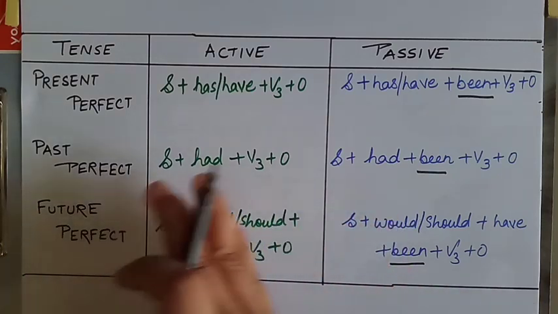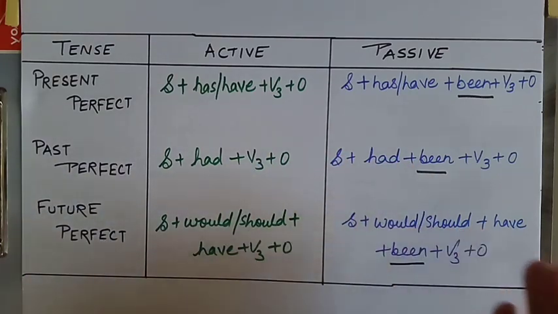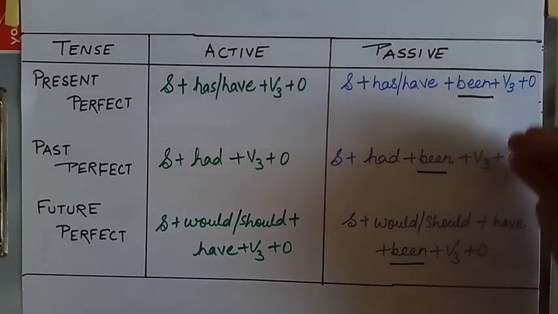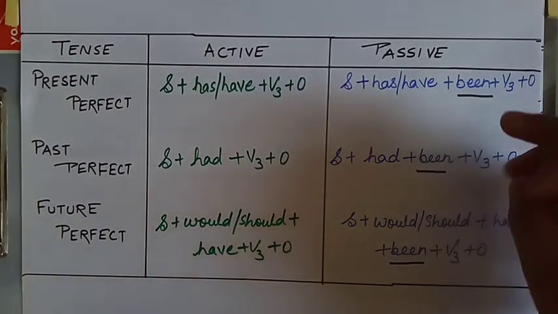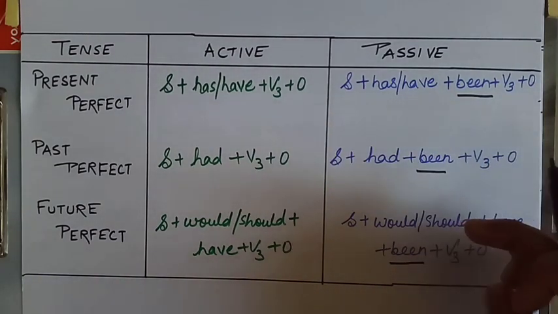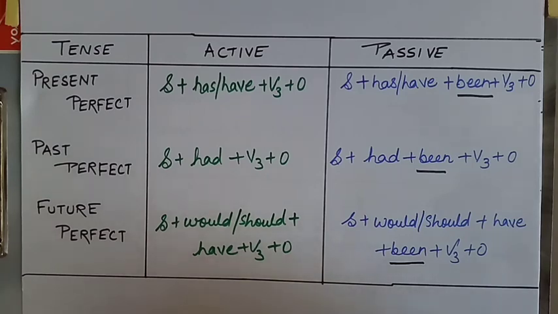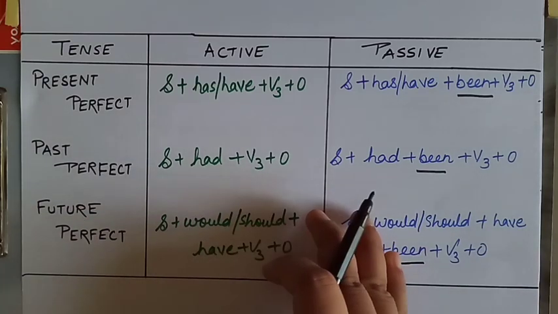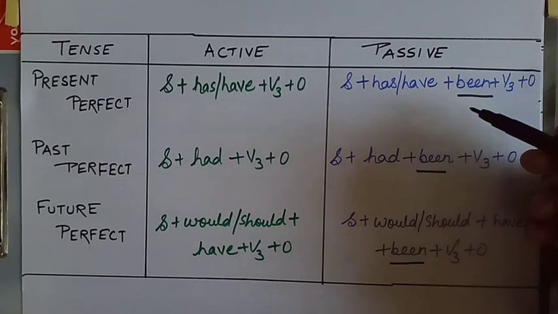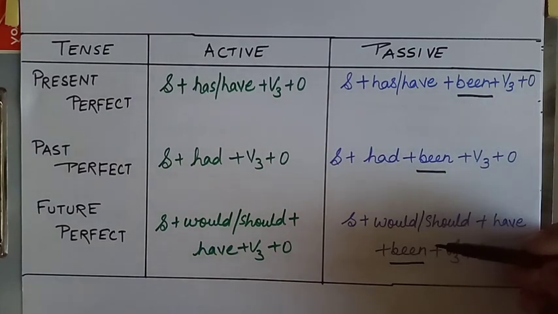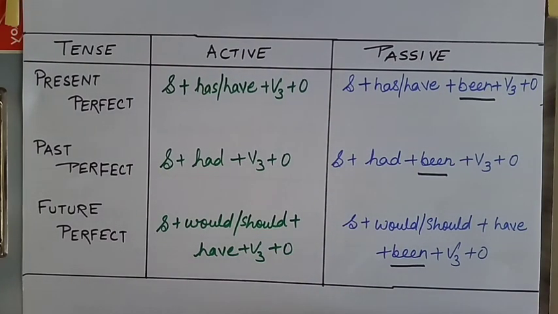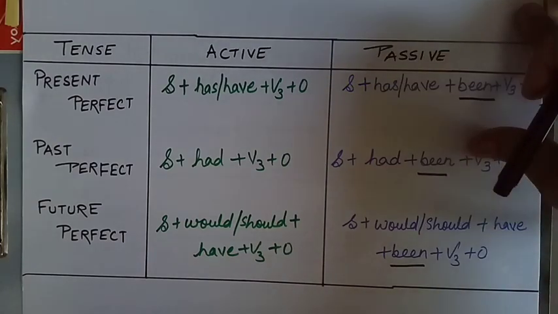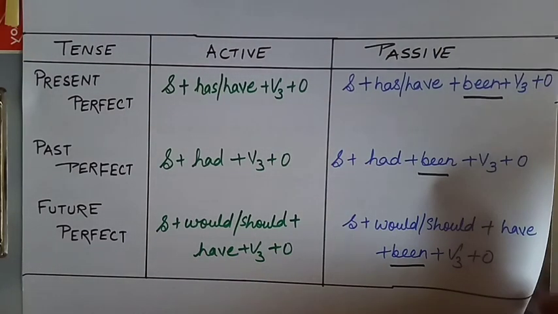The rest, subject to object, by, will remain the same. Verb third form will remain the same. The only difference, or the new thing you have to take care of in perfect tenses, is adding been, B-E-E-N. Now let's go to the next tense.